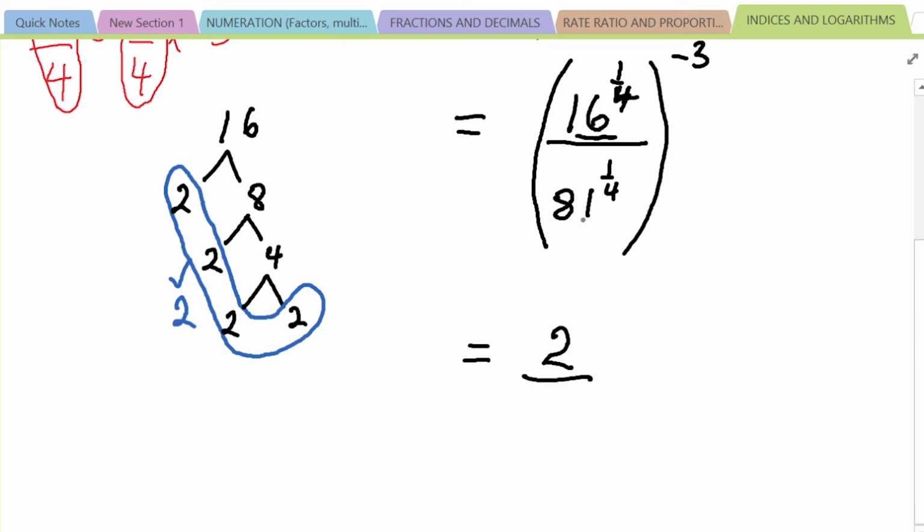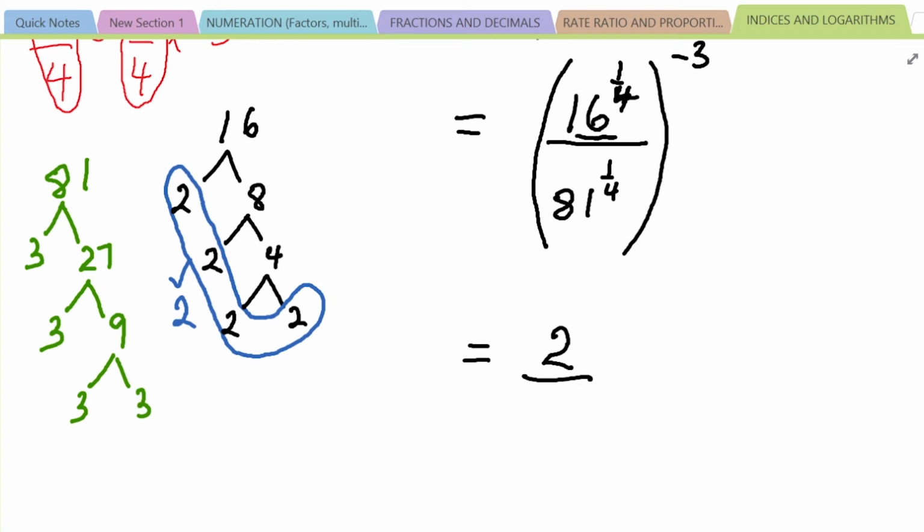Divide that by, now let's look for the fourth root of 81. So I'm going to do the same thing. I'll come here and say 81 divided by 3 is 27, 27 divided by 3 gives me 9, divided by 3 gives me 3.